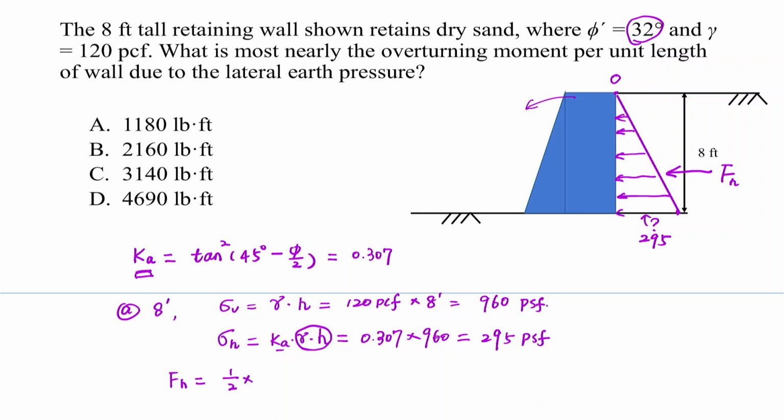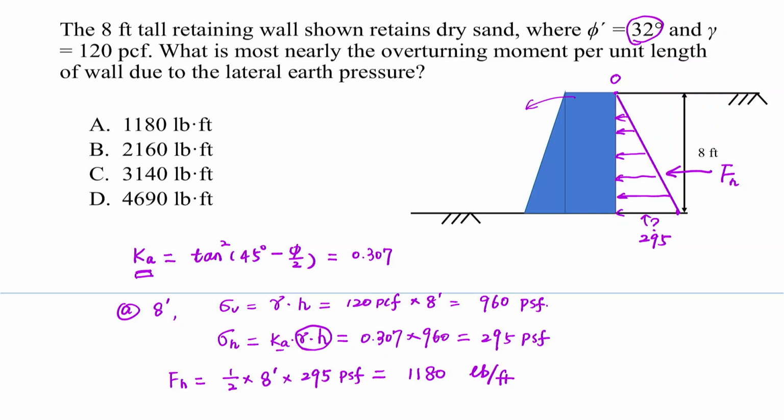To come up with the area of the triangle, we use half of the height, which is 8 feet, times that 295 psf. And that is the equivalent force, and that is 1180. The unit is pound per foot because we're dealing with one unit length of the section.